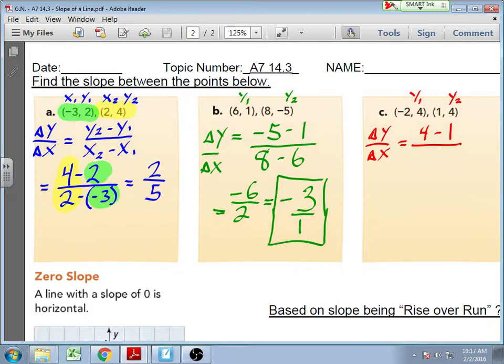So this actually needs to be 4 minus 4. And then my x2 would be my 1, and my x1 would be -2. It doesn't matter. 1 plus 2? Yeah, exactly. But what's my numerator become?